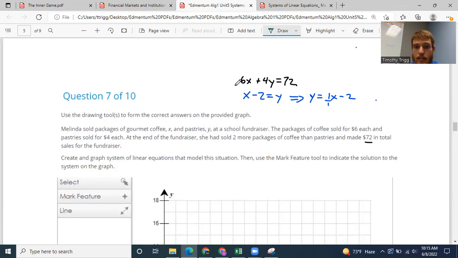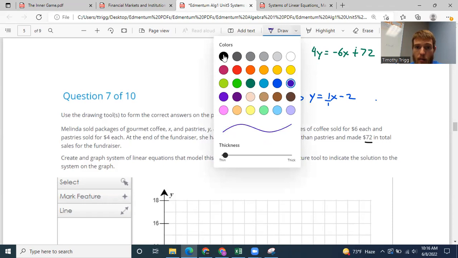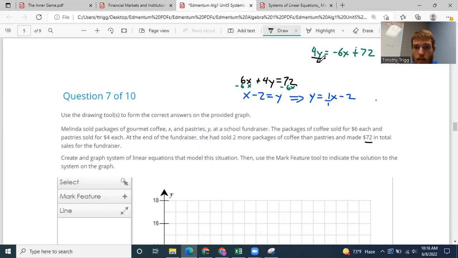So I'm going to subtract 6x from both sides of the equation. That's going to give us 4y equals negative 6x plus 72. Then divide both sides of the equation by 4 to get y by itself.